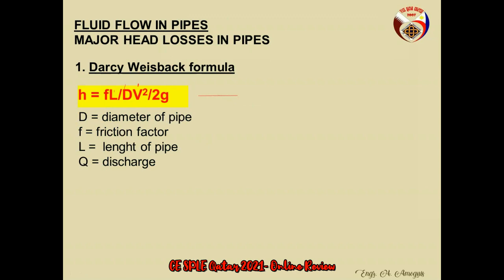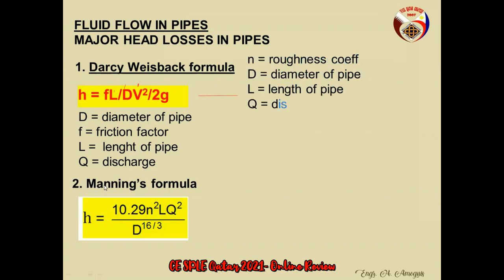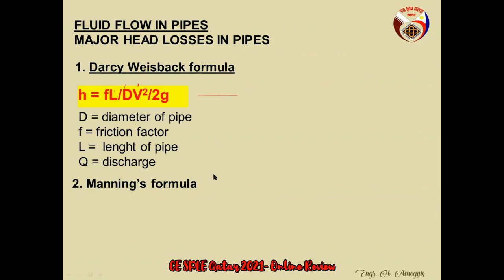Now, sometimes it's easier to express it in terms of Q. Replace the velocity with Q over area, and the area in terms of diameter, and you get an equivalent head loss. Now, we have an equivalent equation for Darcy.